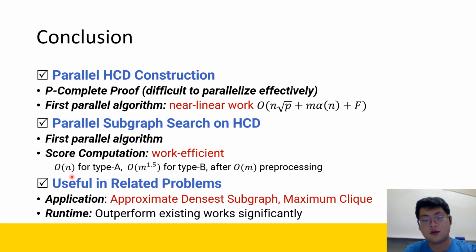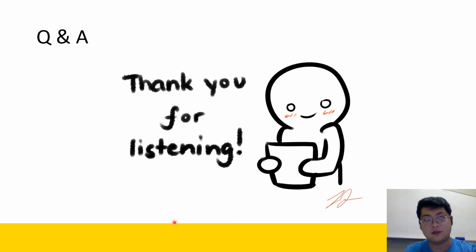We also find the problem is useful in related problems. We design applications on approximate densest subgraph and maximum clique, and the runtime is much faster than existing works. That's all. Thank you.